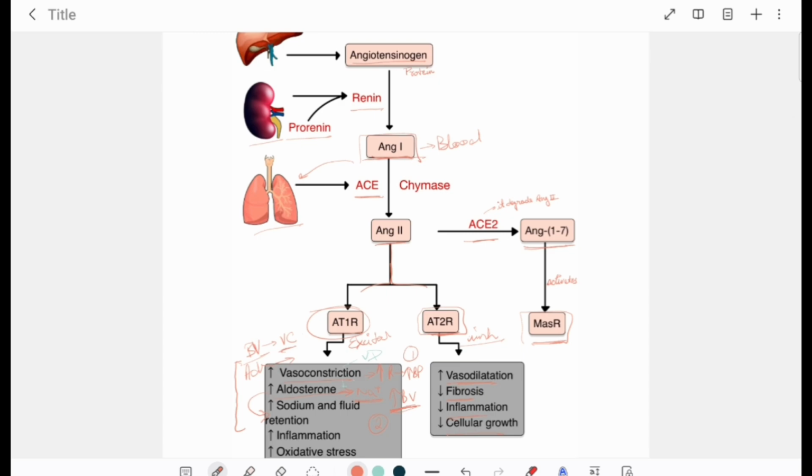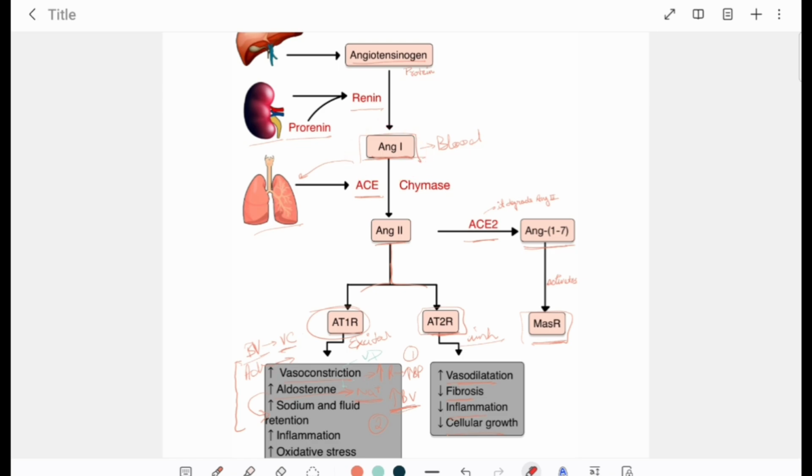which will maximally help you in your questions, what I told you is: our liver makes the protein angiotensinogen, and then with the help of renin it converts into angiotensin 1 in our blood.